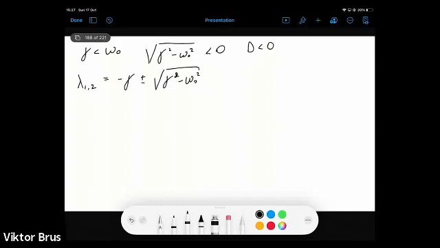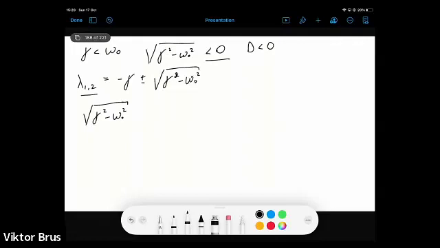So both our solutions will be exponential. Sorry, not exponential. There will be complex functions. And how can we write it in a proper form to highlight that these are complex? So we know that square root of gamma square minus omega naught square is smaller than 0.